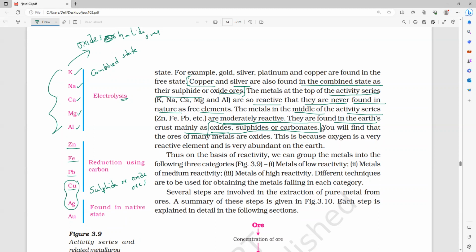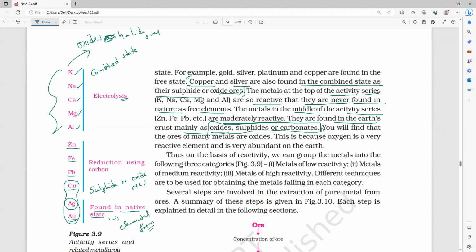Last, of course, silver is least reactive. Platinum is not included in our textbook activity series, so you can avoid platinum. Silver and gold are mainly found in the native state. Native state means the elemental form.